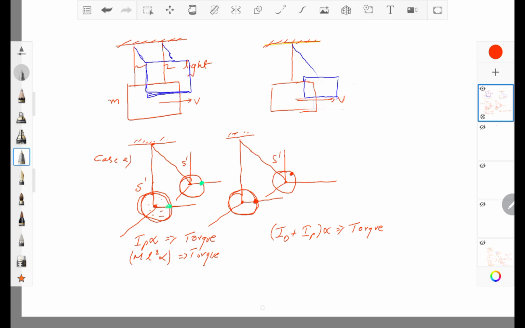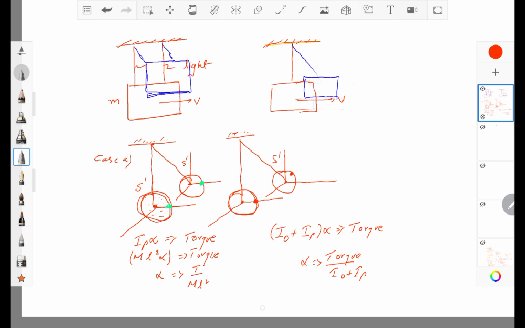So we keep torque intact and see for ourselves that alpha in this case is torque divided by ml squared, with retardation taken into account. Alpha in the other case is torque divided by, yet again with retardation taken into account, I naught plus I_P.